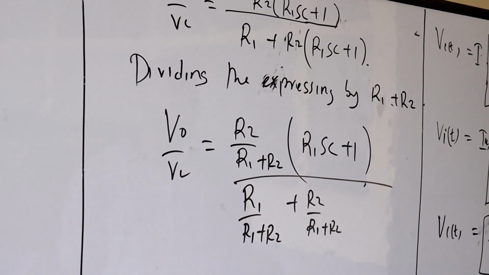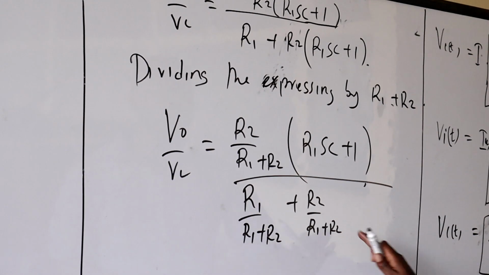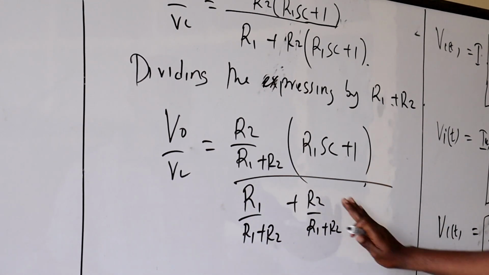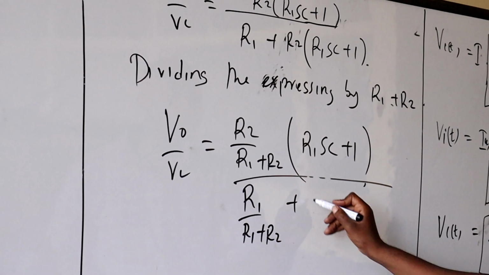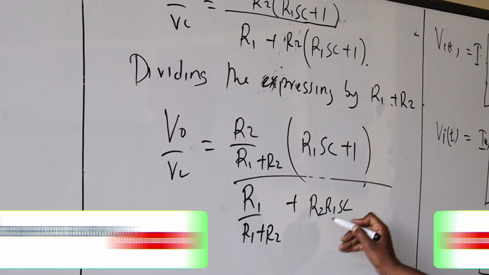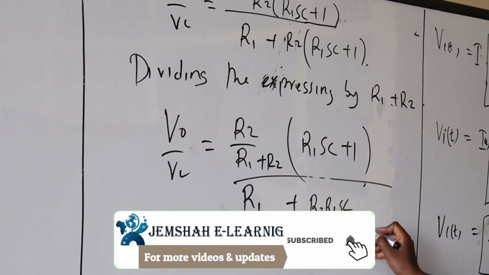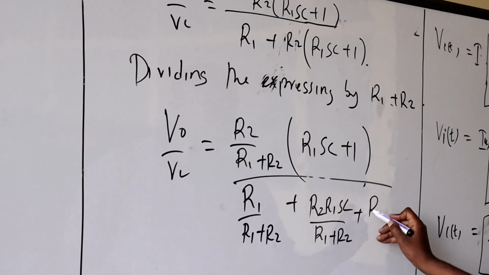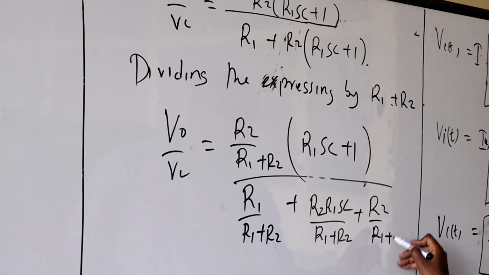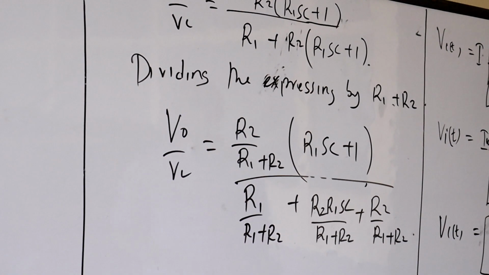Maybe what we can do is expand it, so that we have R2 R1 SC all over R1 plus R2 plus R2 also all over R1 plus R2. So that is now what we are going to have.